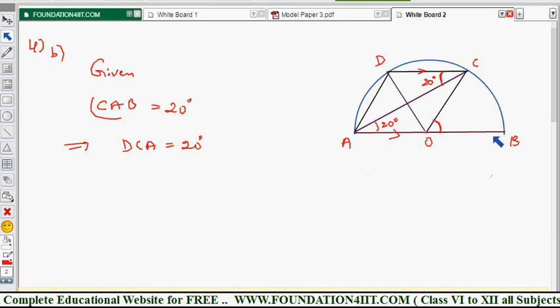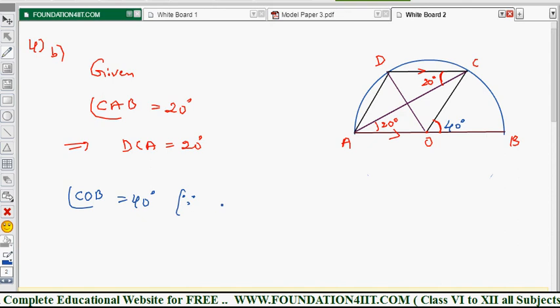So if it is 20, this must be 40. So angle COB is equal to 40 degrees.